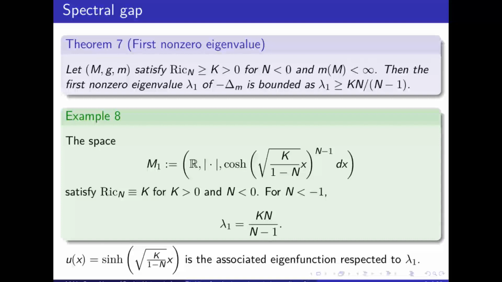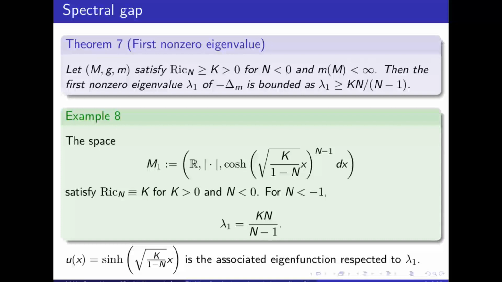Here we give an example of the one-dimensional space that satisfies the equality in the sub-spectral gap. This is a one-dimensional space introduced by Milman when he studied the isoperimetric inequality. We take M1 as a weighted manifold with one-dimensional Euclidean space and standard metric, equipped with the hyperbolic cosine measure.